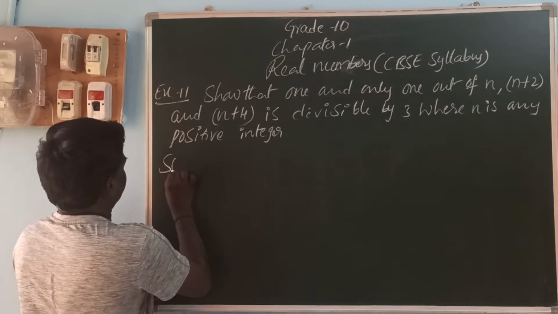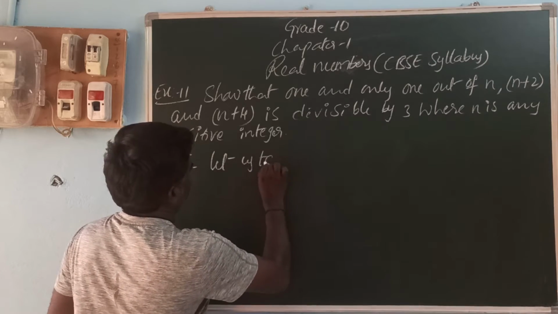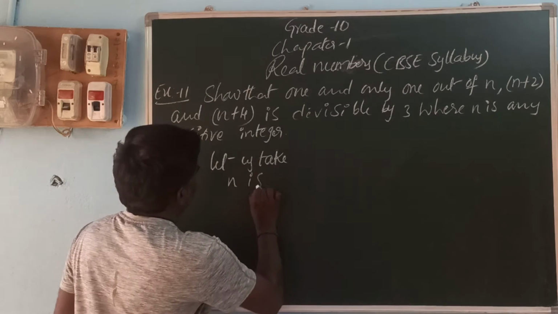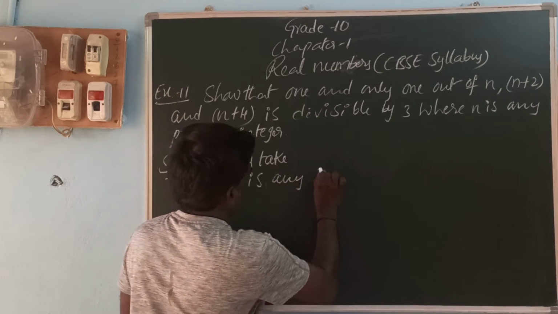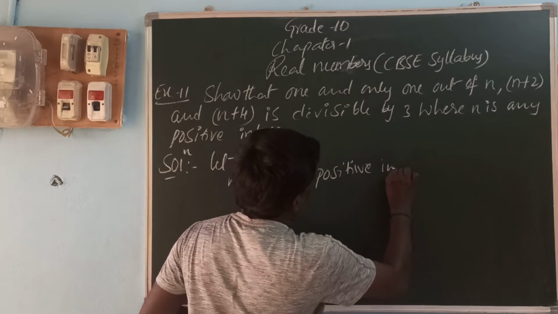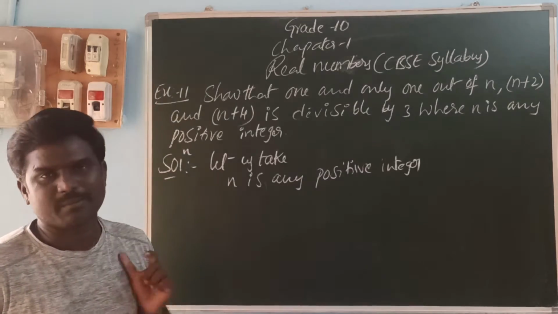So let us take n as any positive integer. What is the Euclid division lemma? Dividend is equal to divisor into quotient plus remainder.